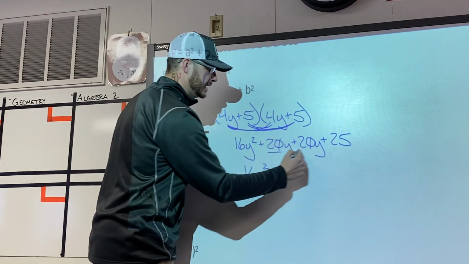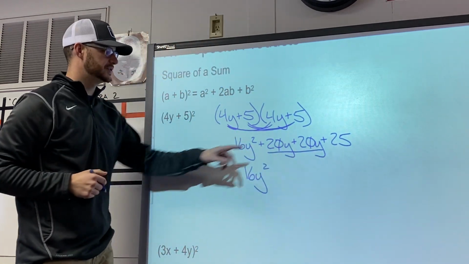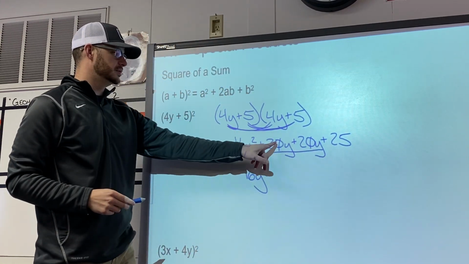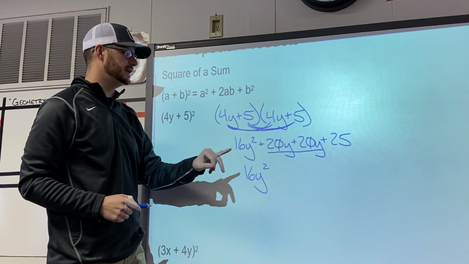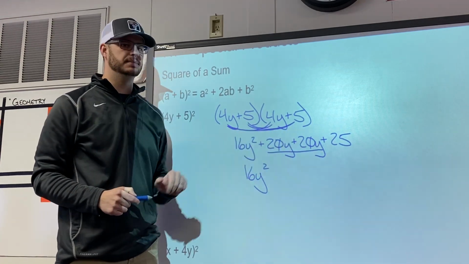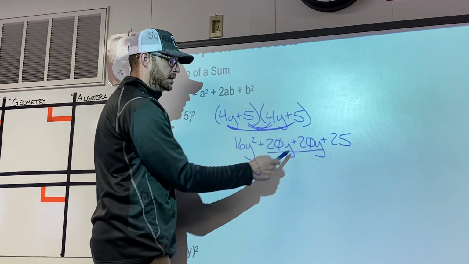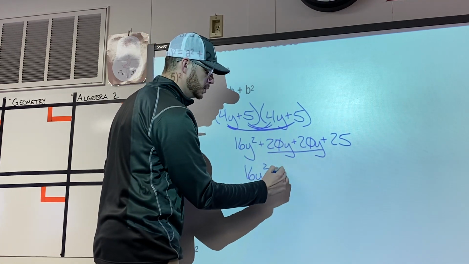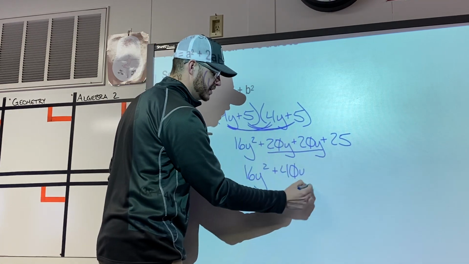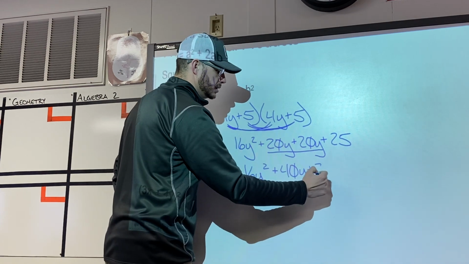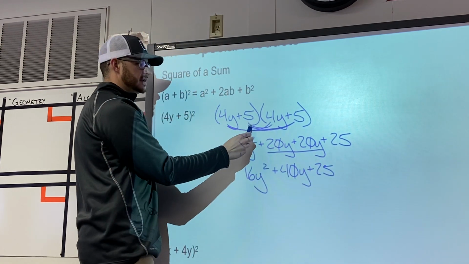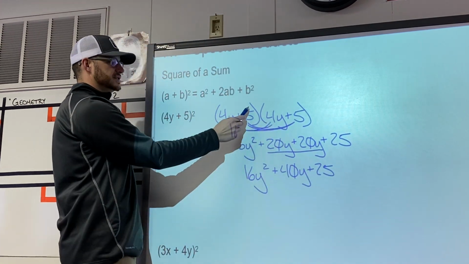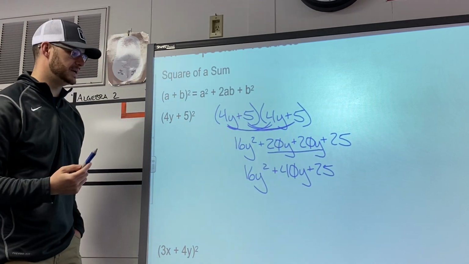Then if we combine our like terms, 20y plus 20y, here 20y is a times b, so if we do a times b and multiply that by 2, it would give us 40y. And then the 25 at the end is 5 times 5, which is our b value, so b squared.